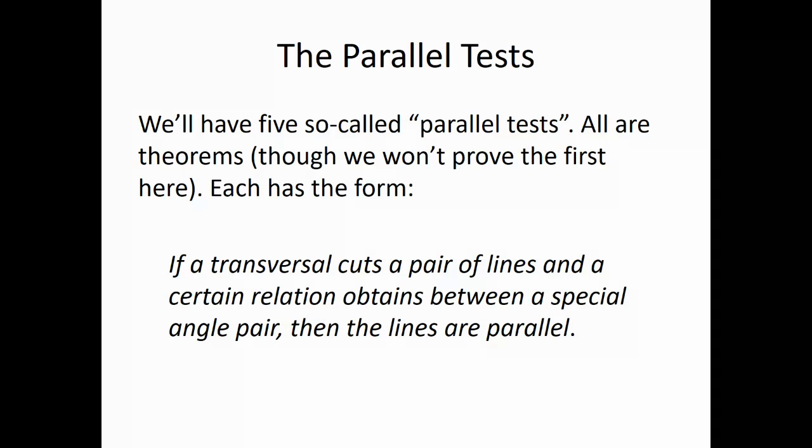The way they operate is this: if we pass a certain test, that is, if we have two lines and a transversal and we have the right kind of relation between a pair of angles, then we may conclude that the lines are parallel. That is, we have passed a certain test, and once we have passed the test, we may then say that the lines are parallel.